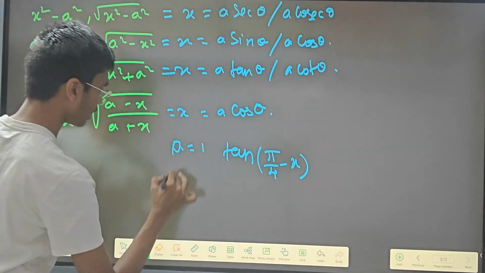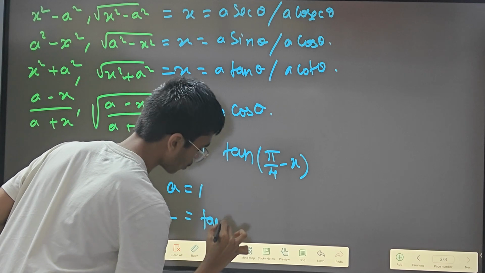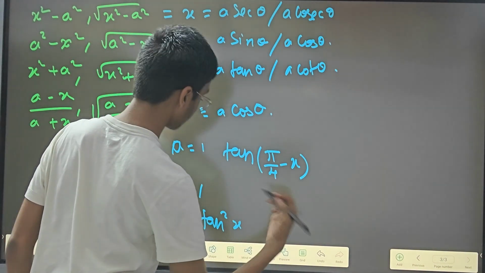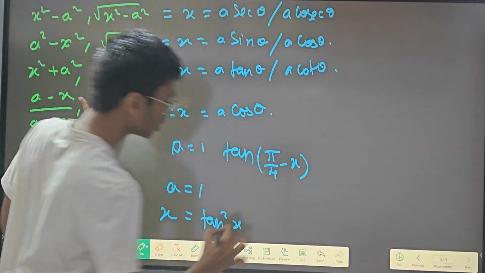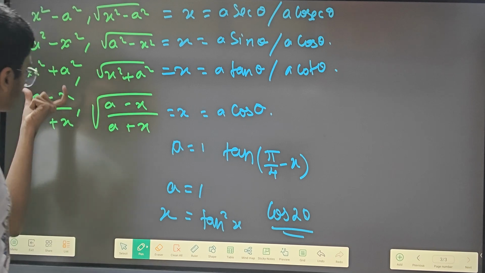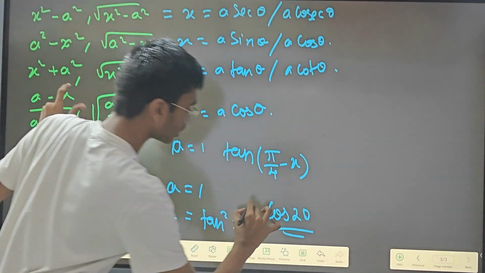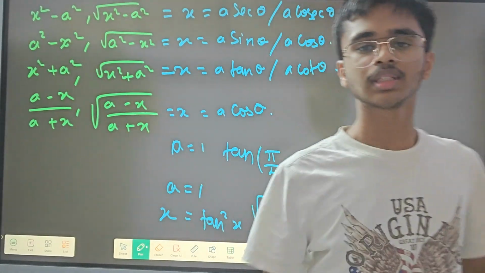And when here a is equal to 1 and x is equal to tan square theta, then in place of this total form you have to put cos 2 theta, under these two criteria. If it is under root, then here also you have to put root. That's it.